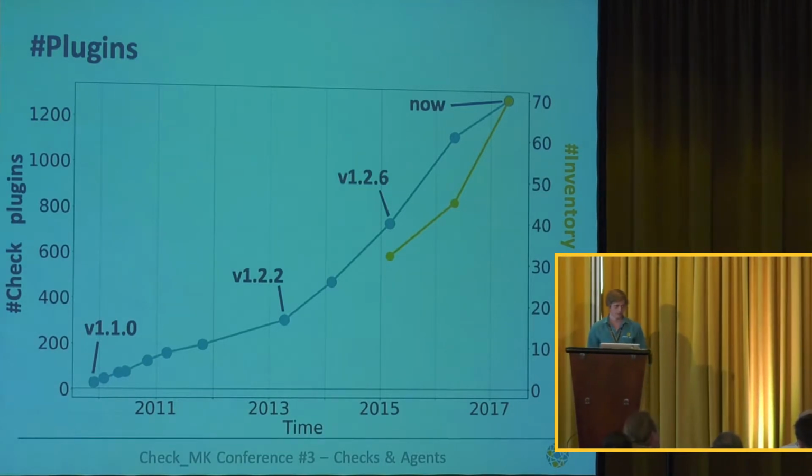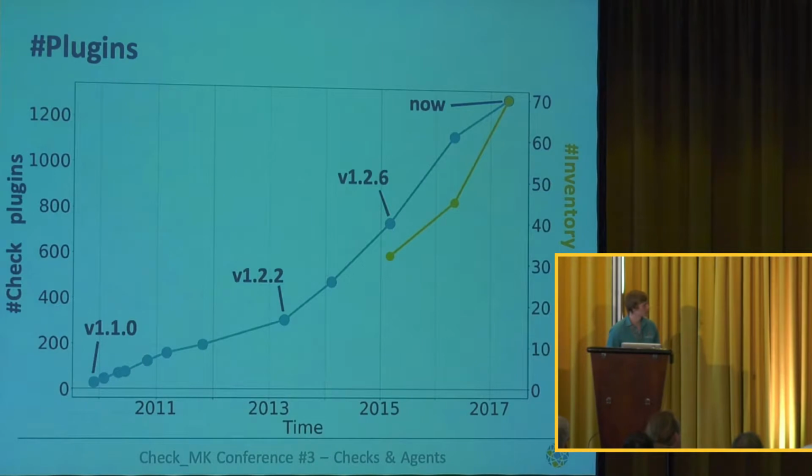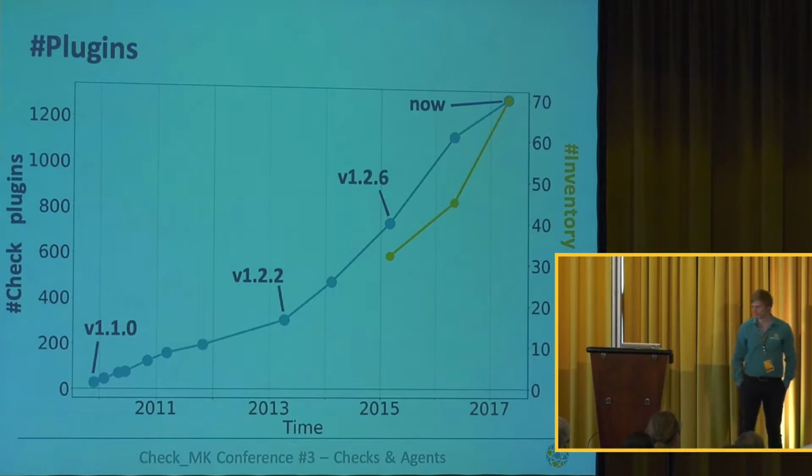The hardware and software plugins were about 30 in the beginning, and now we're at 70 as well. And in both cases, the trend is still going up. So that means we have a lot of requests for different plugins in general, whether they're check plugins or hardware and software plugins, all of them.